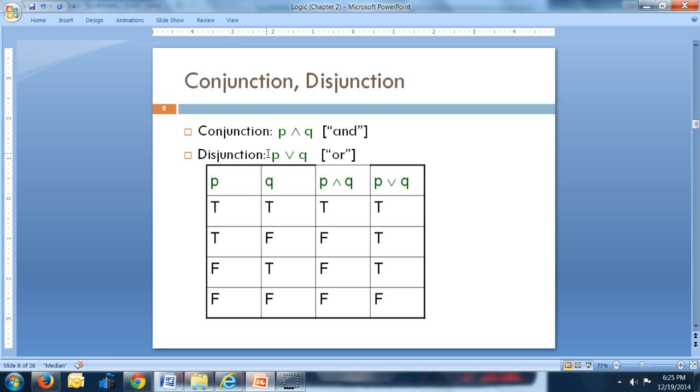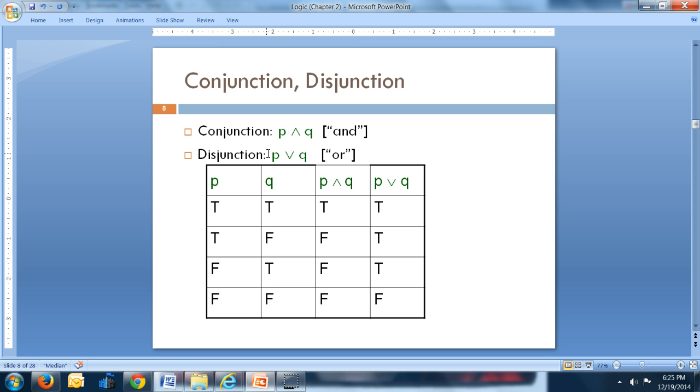Now we introduce two new truth tables. One for the conjunction, which is the and, and another one for the disjunction, which is the or. Now remember, conjunction is the and. So I wanted to go to Toronto and I wanted to go to New York.